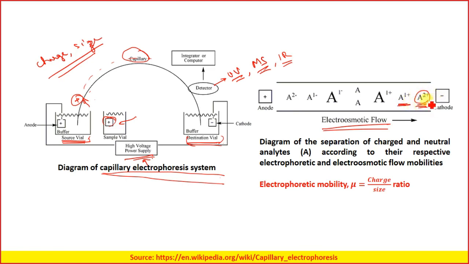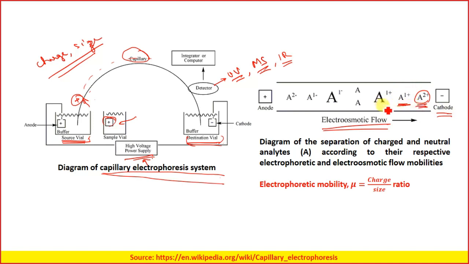A2 plus has the highest charge, and since it has the highest charge, it moves towards the cathode faster. Then the cation which has similar size but a lower charge will be eluted towards the cathode.